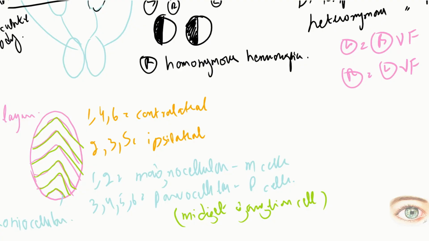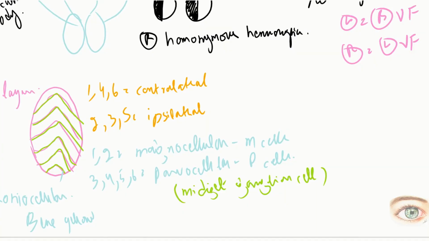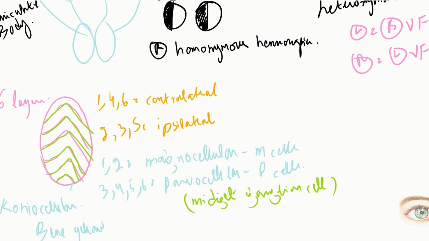And coniocellular cells are responsible for blue and yellow color perception, and parvocellular is basically responsible for the major portion of color perception, which is red and green, right?